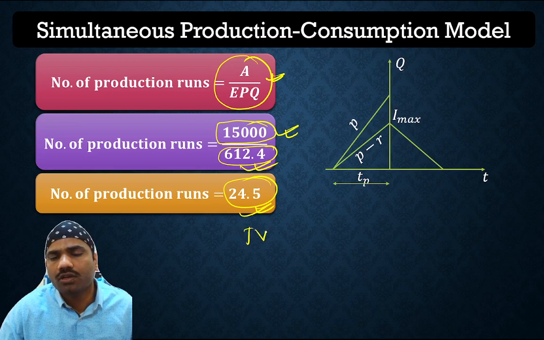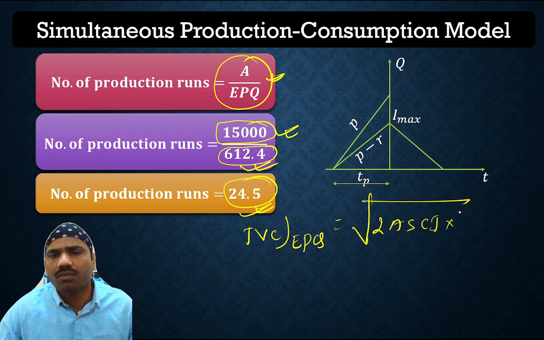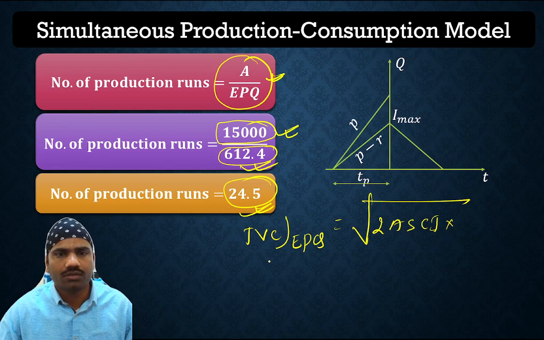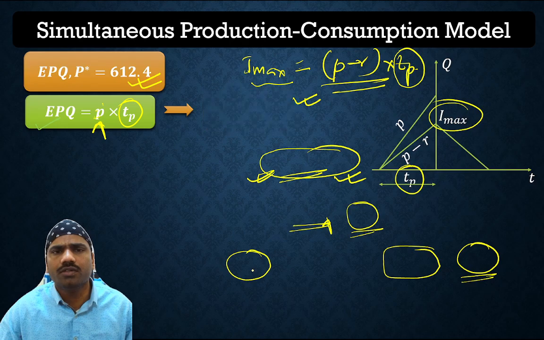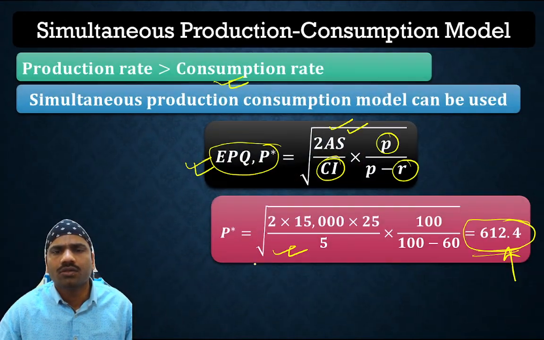Now we will find the total variable cost at EPQ, and we have the formula, the square root of 2AS CI into P minus R by P. We have seen this formula and discussed it earlier.